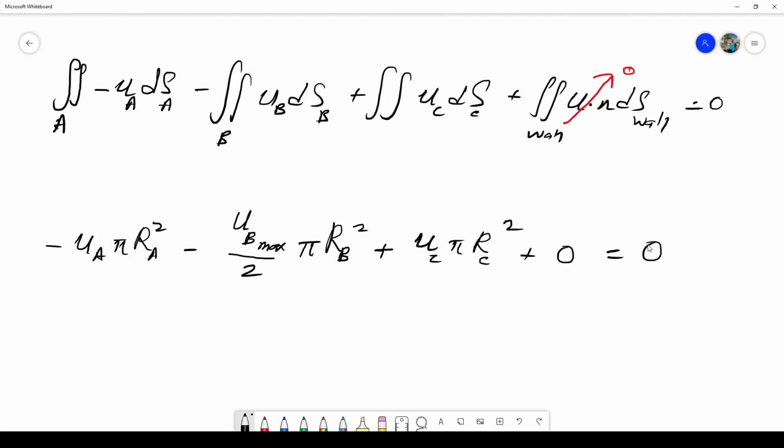So from this equation, we would like to determine what UC is.